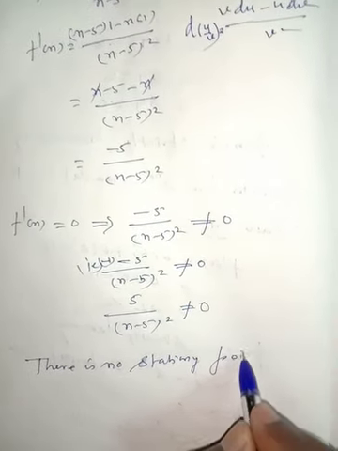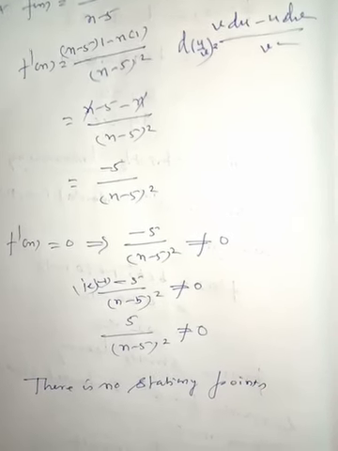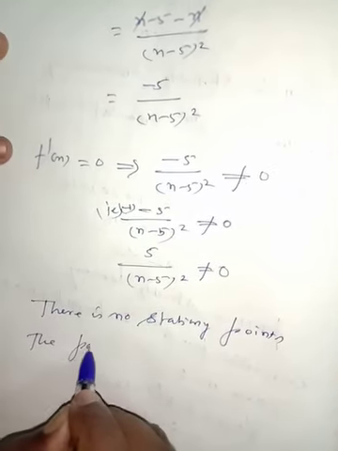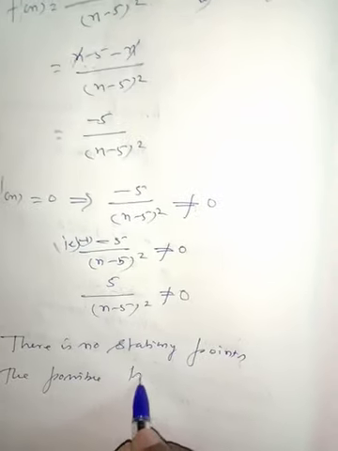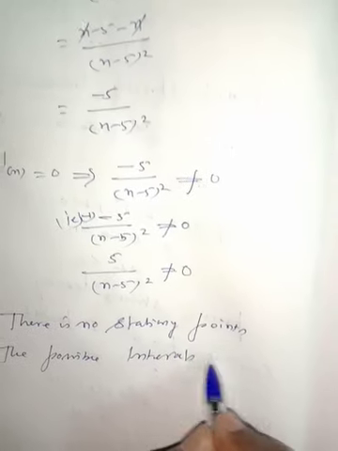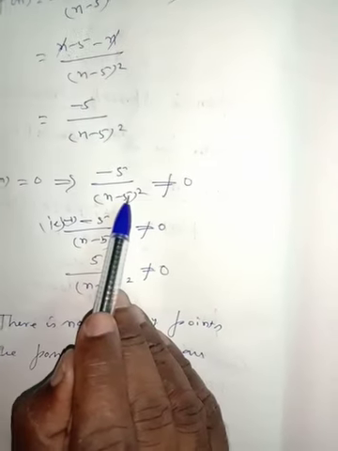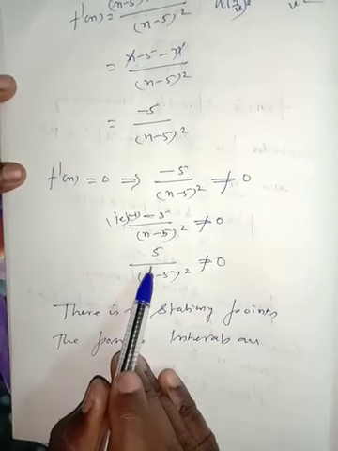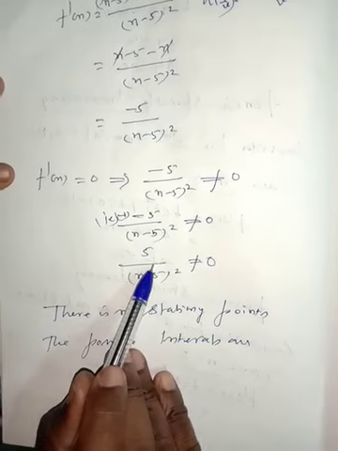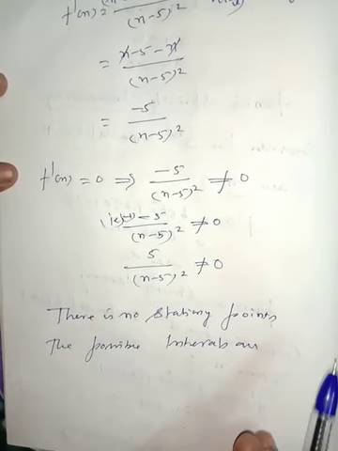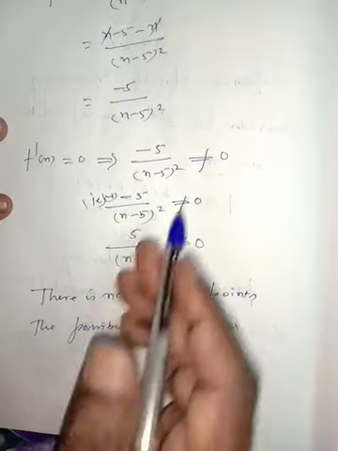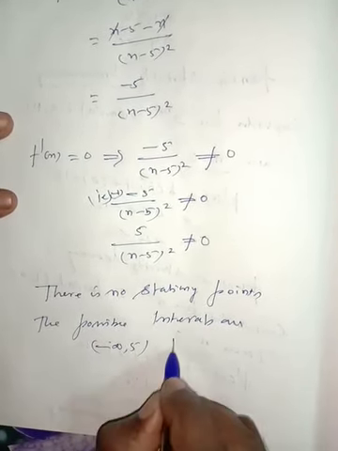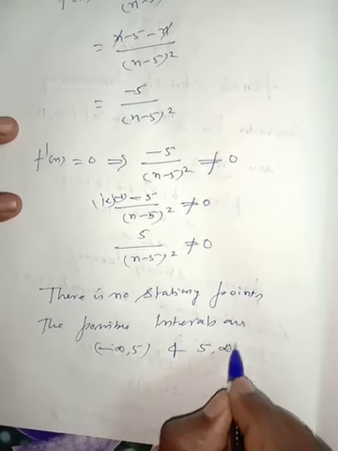The possible intervals are minus infinity comma 5 and 5 comma positive infinity.